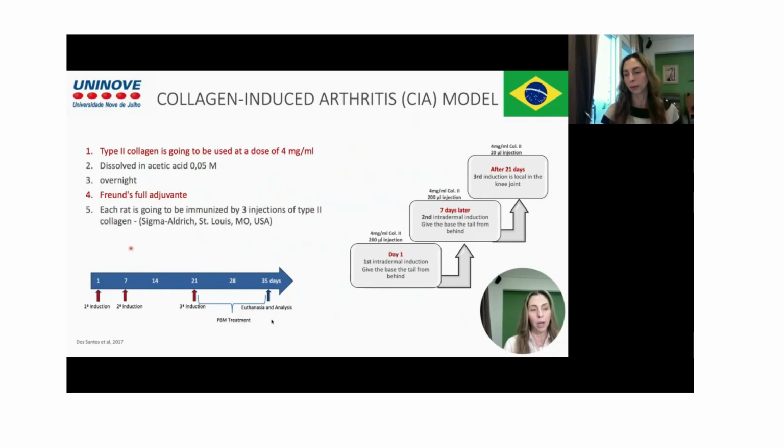Time 1 is on day 1, time 2 on day 7, and time 3 on day 21. In time 1 and time 2, intradermal injections are given at the base of the tail. In time 3, the induction is local in the knee joint. On the same day, the photobiomodulation treatment begins, and on day 35, the euthanasia and the analysis.